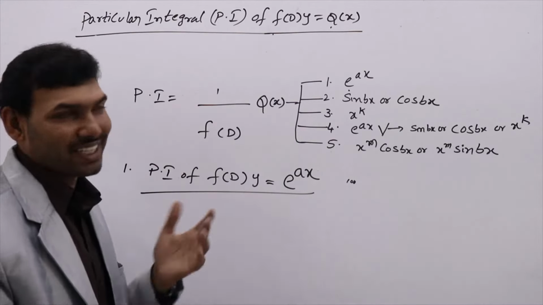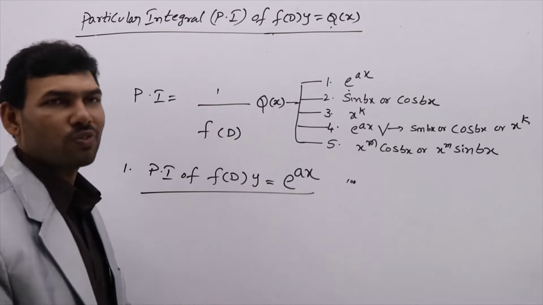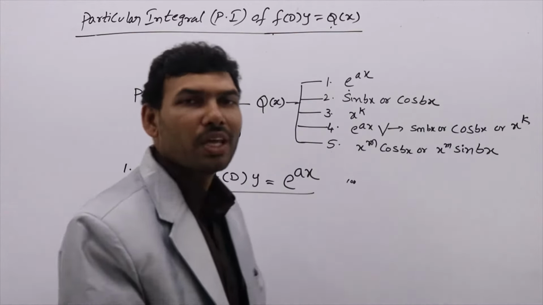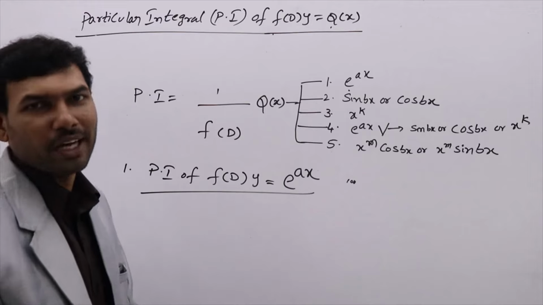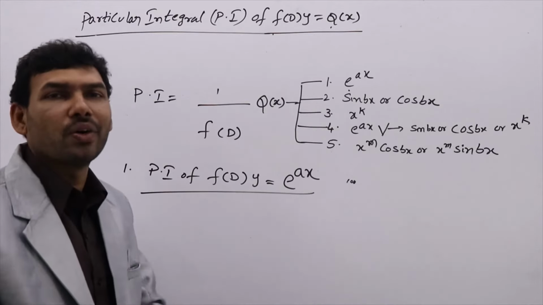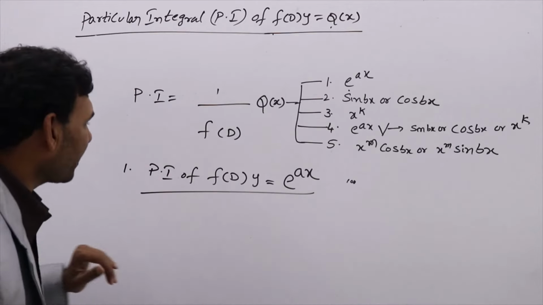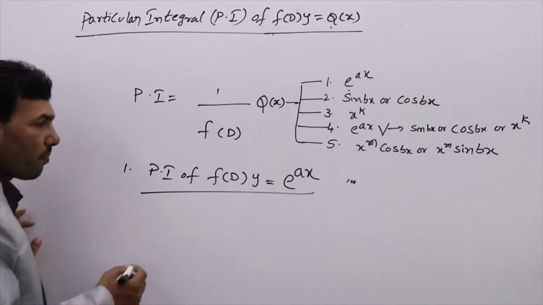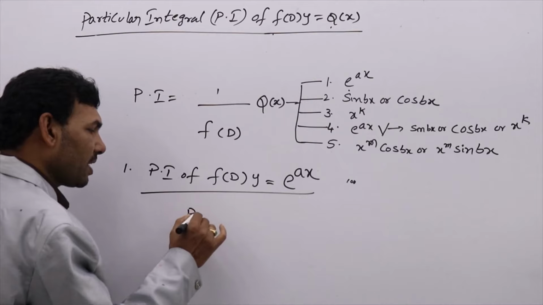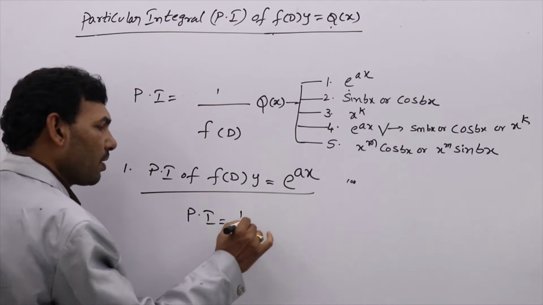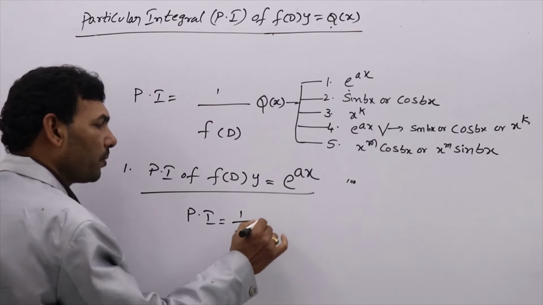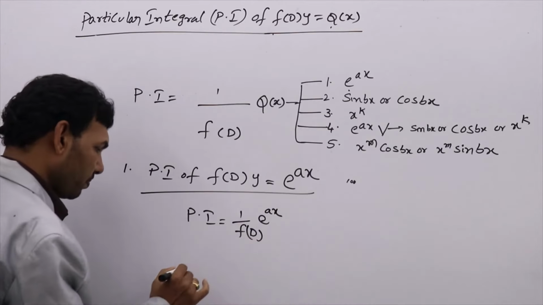If you have sinh x, we apply this rule because sinh x equals e power x minus e power minus x by 2, and cosh x equals e power x plus e power minus x by 2. So for that, what is the PI rule we apply? Actually, here the general principle of PI is 1 by f of D into e power ax.